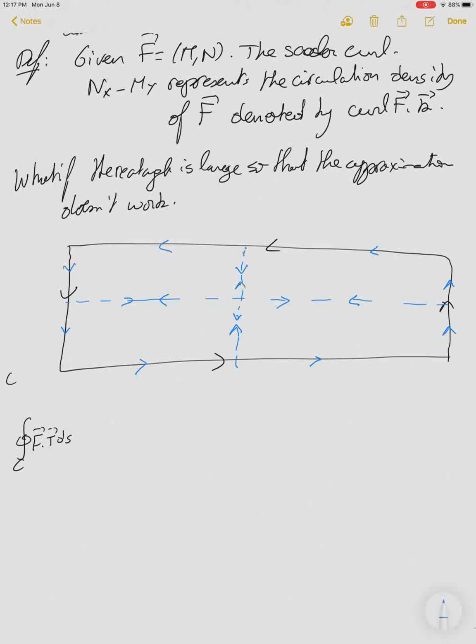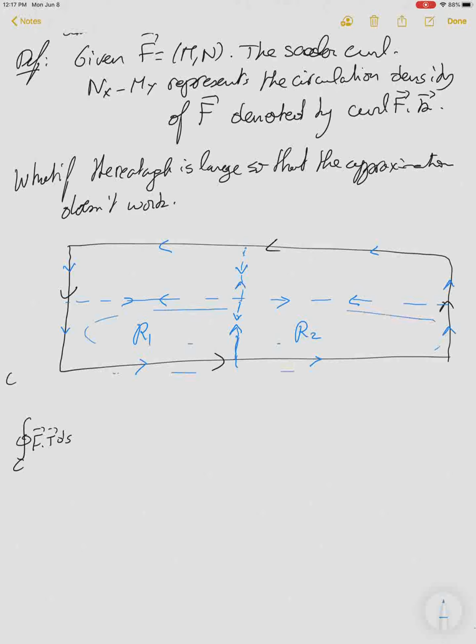So notice that if I integrate over R1 plus the integral over R2, when I integrate over this line, it is going upward. When I calculate over R2, it's going downward. And when you reverse the path, the line integral of a vector field becomes minus. So the line integral over R1 plus the line integral over R2 will become equal to the line integral over the whole thing here, correct?